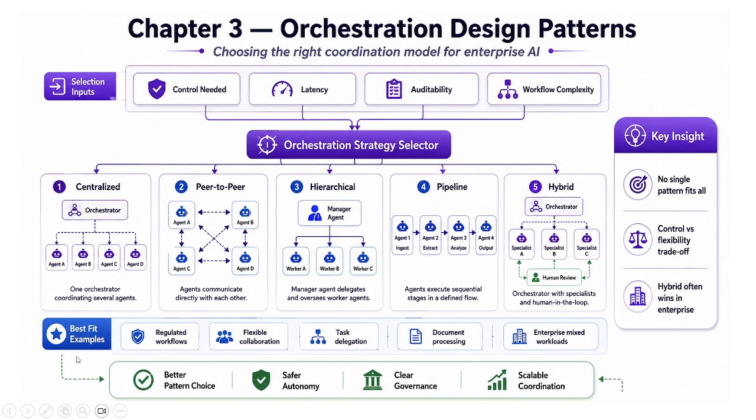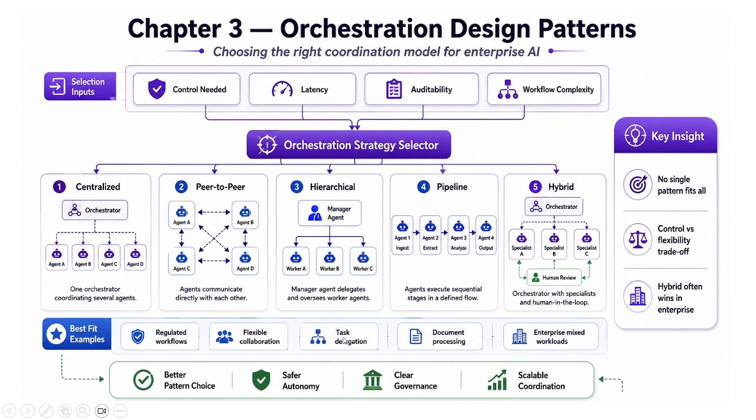So for the best fit example, which one should you use for which workflow? If you have a regulated workflow, you should use centralized. If you have flexible collaboration, you can use peer-to-peer.